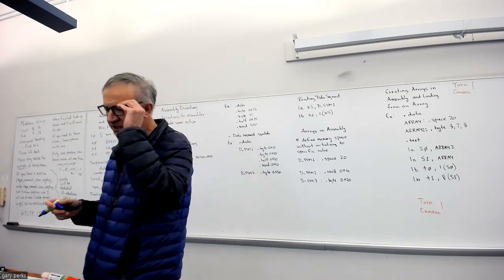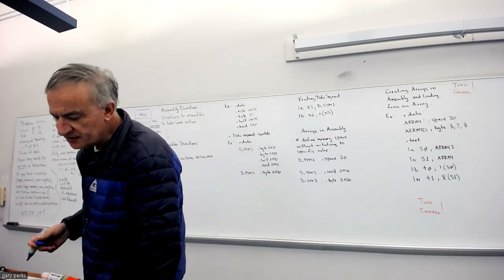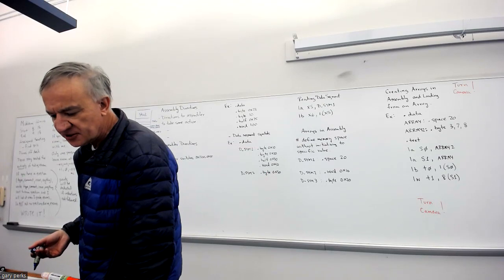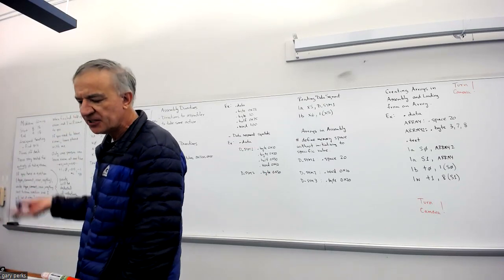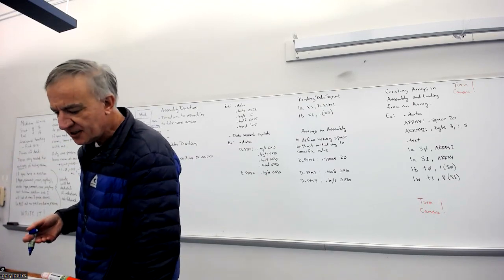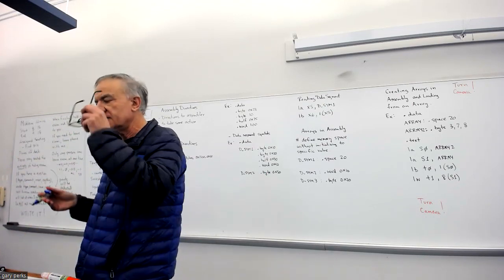Okay, so again, if you look on the sheet, you have 12 saved registers, S0 through S11. S0 is register 8, S1 is register 9, S2 is register 18, and so on.